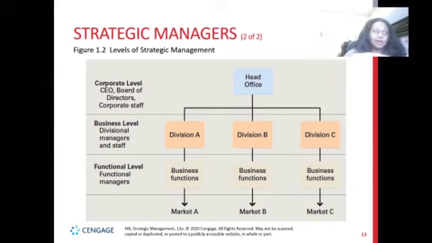So that would be your product development team, your marketing team, human resources, finance, accounting, et cetera, as I went over earlier. So there are 3 main levels of a firm: your corporate level, your business unit, business level or divisional level, which is all the same thing, and your functional level.